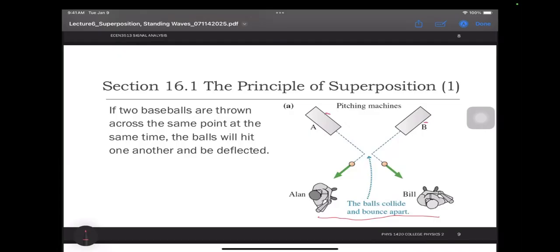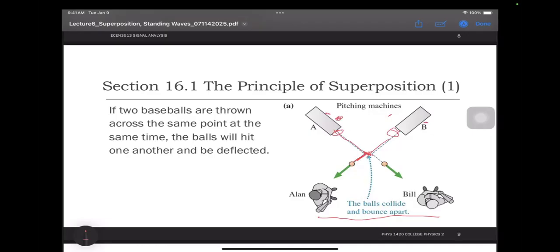You can see the pitching machines will pitch balls. If the machines send out the balls at the same time, two baseballs are thrown across the same area and you can see they will meet at this point. If they crash at this point, if they hit each other, they will be deflected.